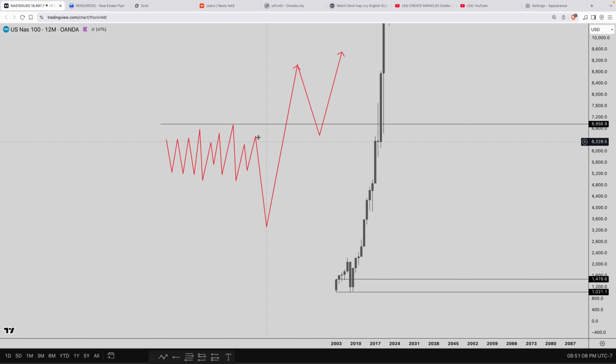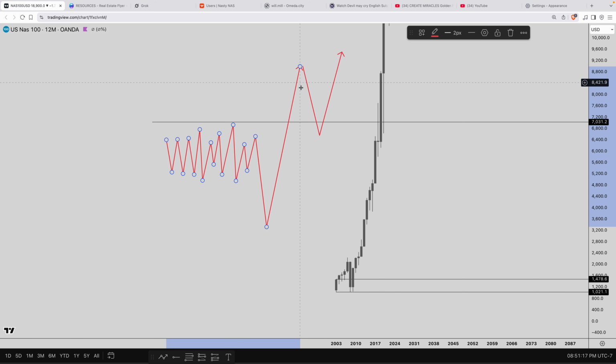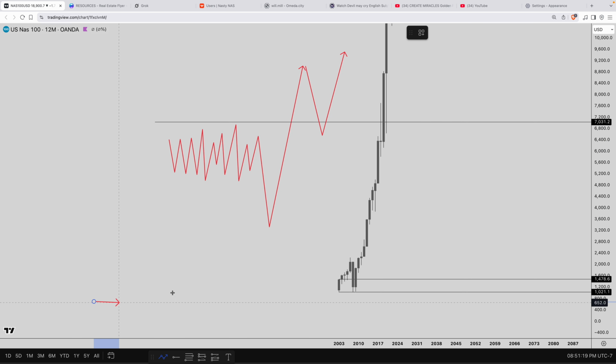Because again, we cannot break structure without first doing this right here. We can't just skip to step 3. You got to do step 1 and step 2 first. So we're going to dive deep right here, and you're going to see that.